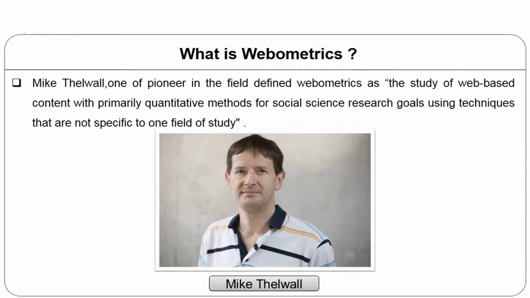Mike Thelwall, one of the pioneers in the field of Webometrics, defines Webometrics as the study of web-based content with primarily quantitative methods for social science research goals using techniques that are not specific to one field of study, which emphasizes a small subset of relatively applied methods for use in wider social sciences.